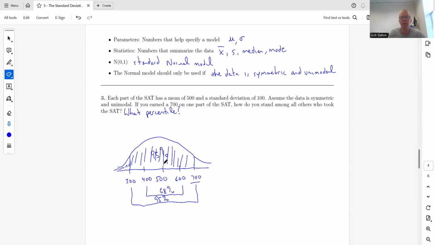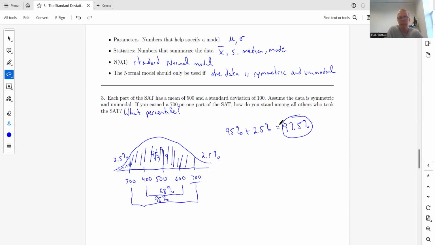Now, this is where the symmetry comes in. If you have 95% in the middle, that leaves 5% in the tails, and we'll have half of the 5% over here and half the 5% over here, which is 2.5%. So what percentile? We have 95% plus 2.5%, which is 97.5. So you're in the 97.5 percentile if you score 700.